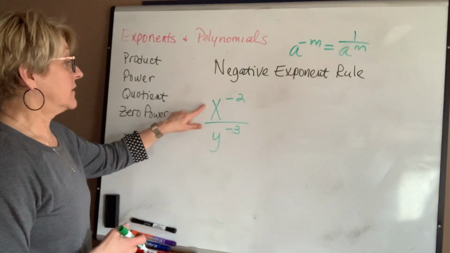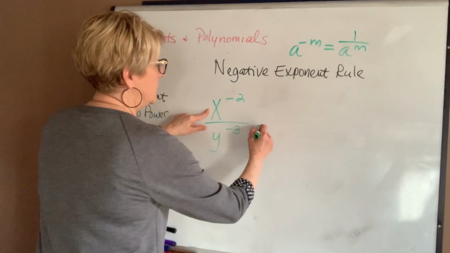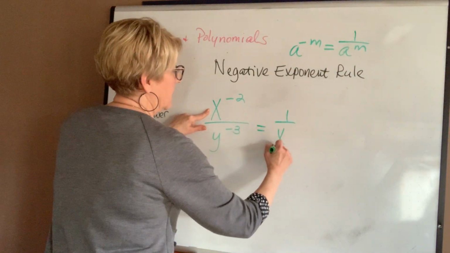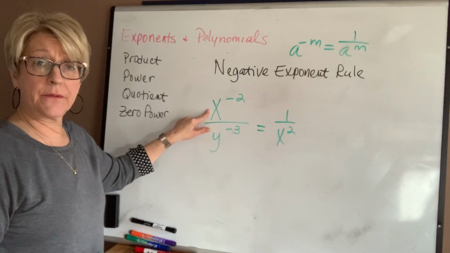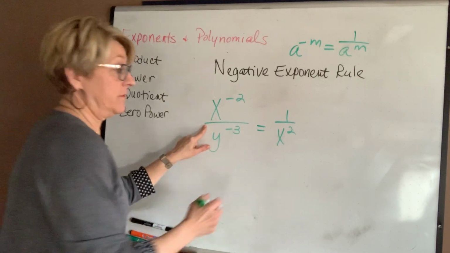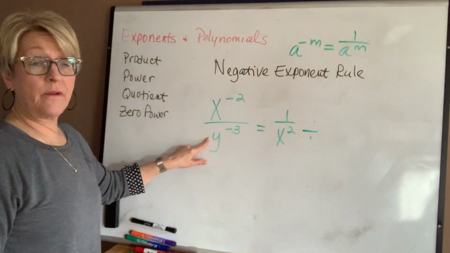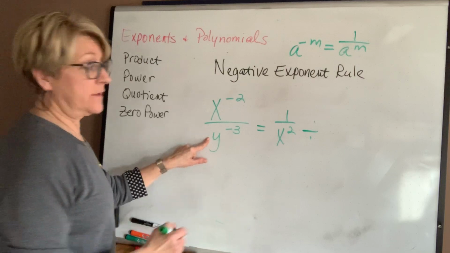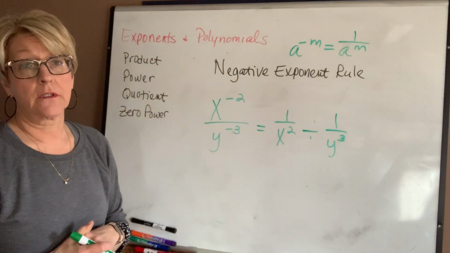So let's look at this numerator. x to the negative 2. That can be rewritten as 1 over x squared. Okay, divided by. All right, we're going to rewrite y to the negative 3 as 1 over y to the 3rd power.